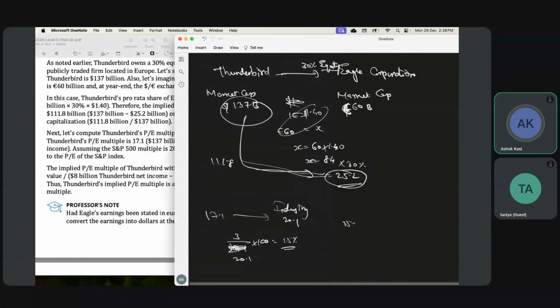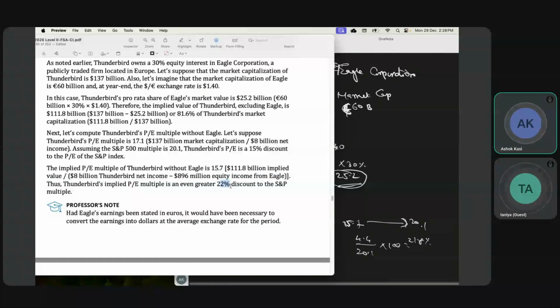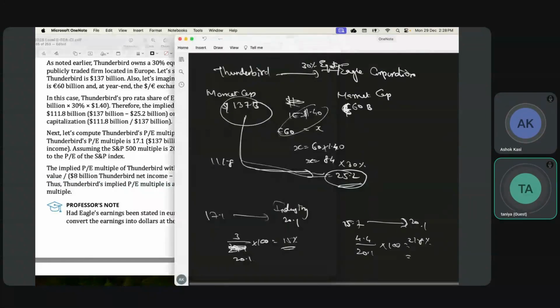So from the 15.7 point of view, what is the difference? 15.7 minus 20.1 is 4.4. Now you check: 21.8, about a 22% discount.